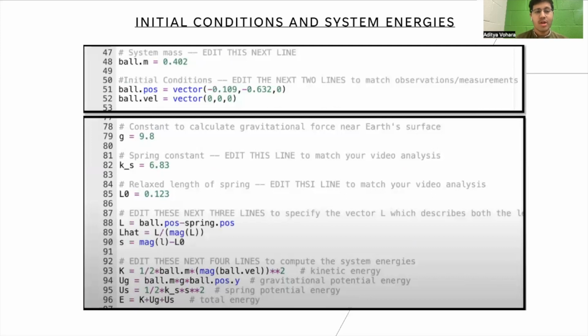The spring constant was taken to be 6.83, whereas the relaxed length was taken to be 0.123. The kinetic energy, gravitational potential energy, as well as the spring energy were calculated. Finally, the total energy was calculated by adding all of the three together.